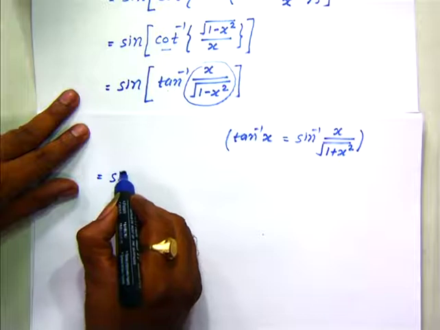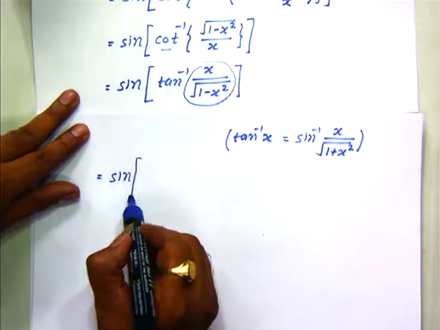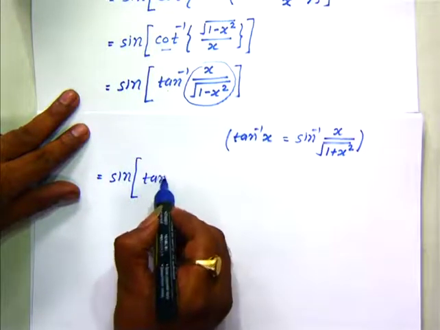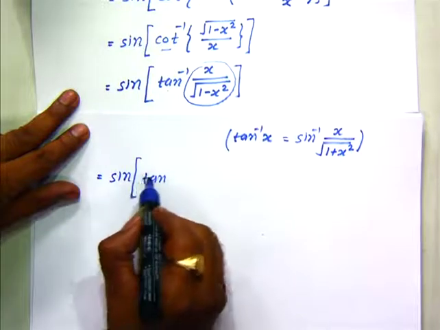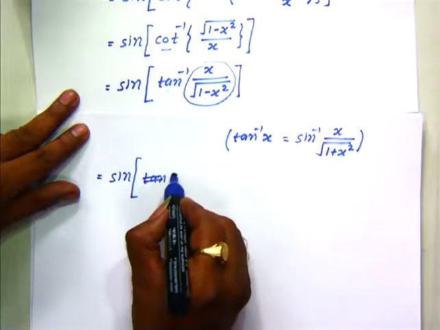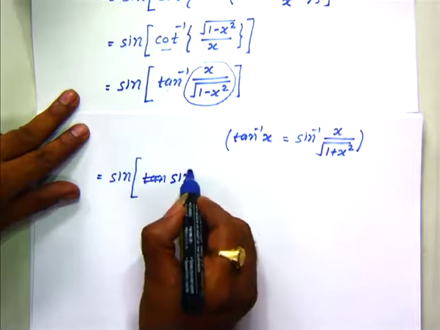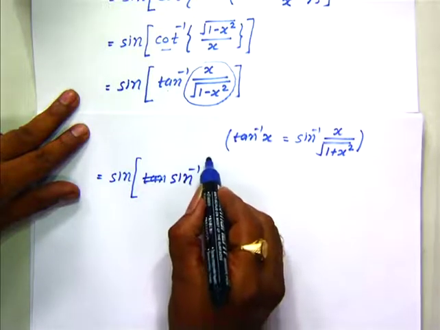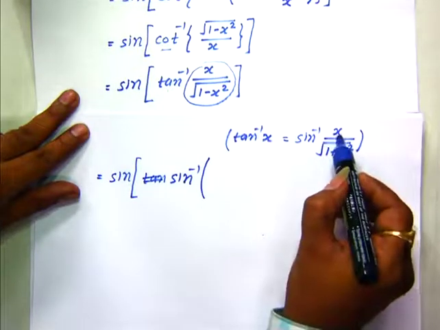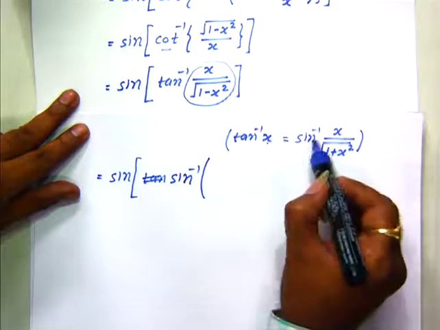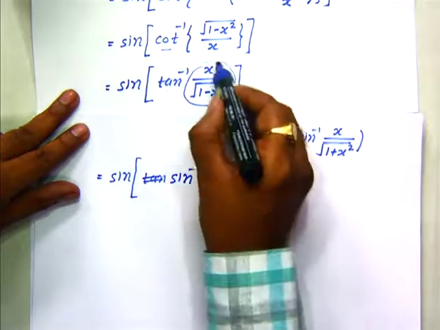So sine of sine inverse, tan inverse x, then sine inverse x is here. This is our x.